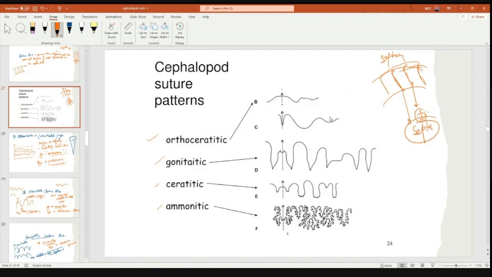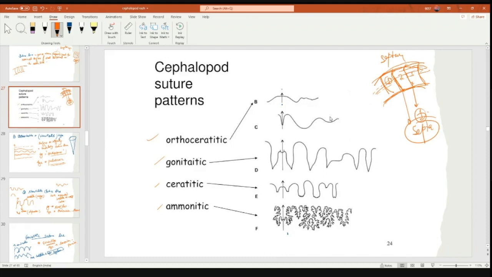I also get confused sometimes between septa and septum, but you have to understand that these are basically calcareous plates which divide the cephalopod shell into chambers. You can suppose this is one chamber, or one room, then a second room, a third room. In between there is the siphuncle, which passes through and cuts all the septa in the center.